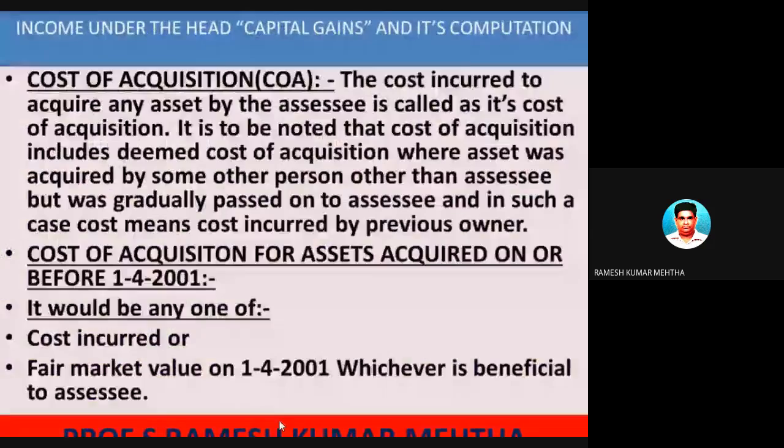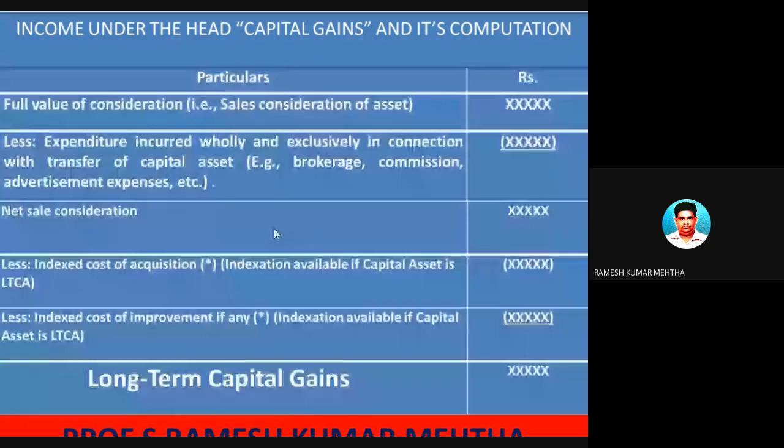Now, another concept which is required to be understood is cost of acquisition. So what do you mean by cost of acquisition? If you look at the slide, this is the format that is going to be used, and here we have something called cost of acquisition.